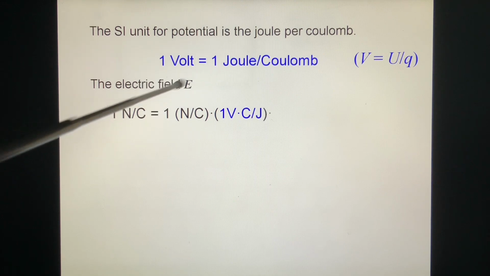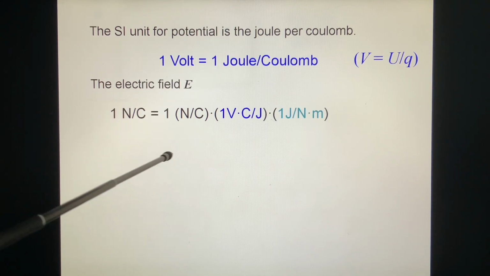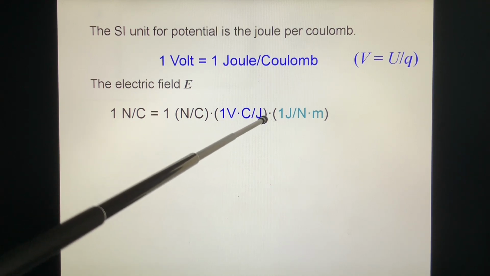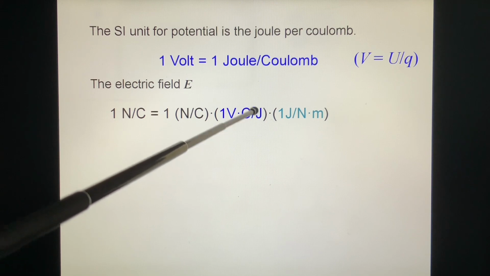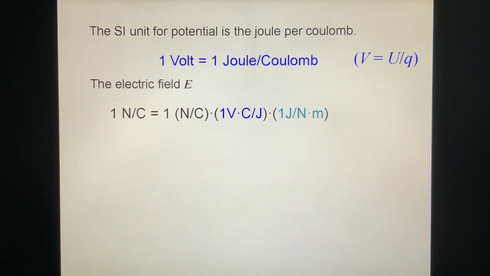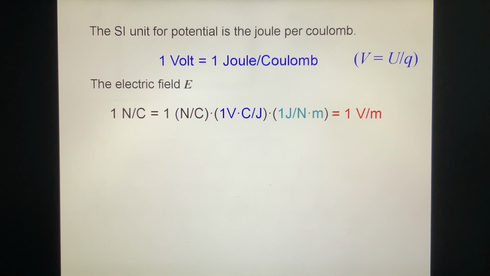We know 1 Newton equals 1 volt multiplied by coulomb over meter, since 1 volt is 1 joule per coulomb and 1 joule is 1 Newton meter. You put them together, and we find 1 Newton over C is 1 volt per meter. That's the electric field E, unit volt over meter.